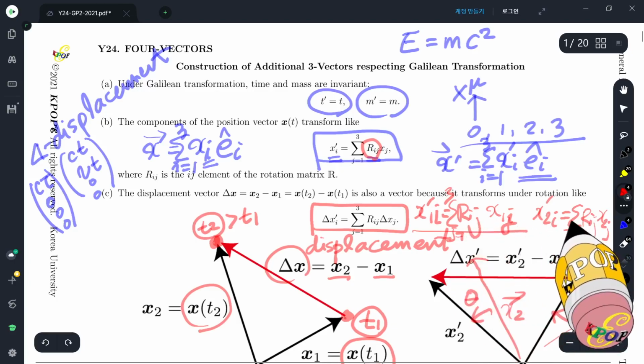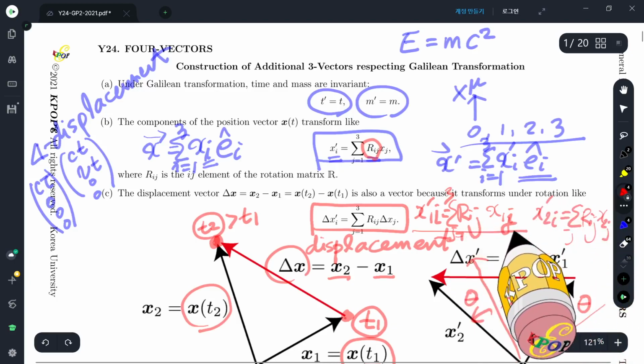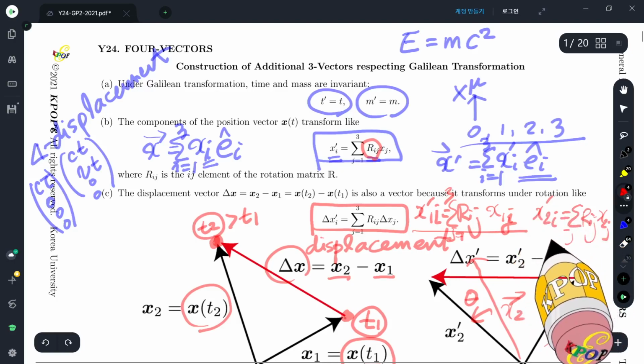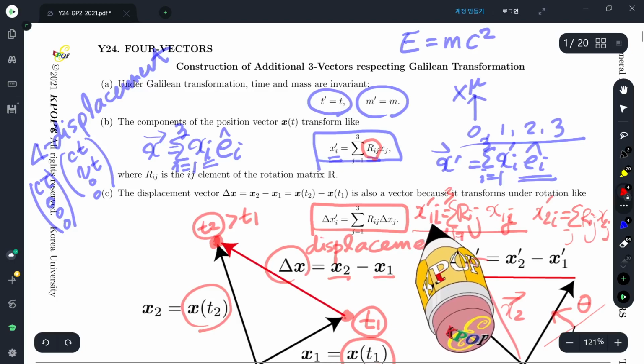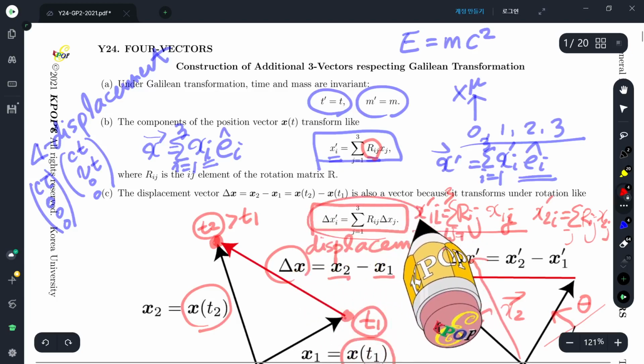If you subtract these two, if we compute x2 prime minus x1 prime, what we obtain is this.